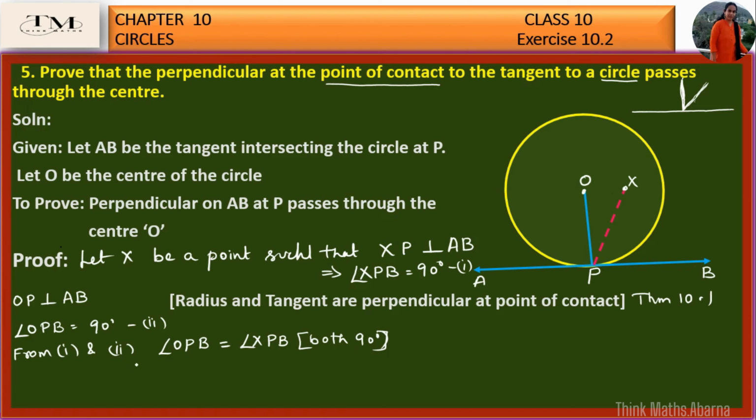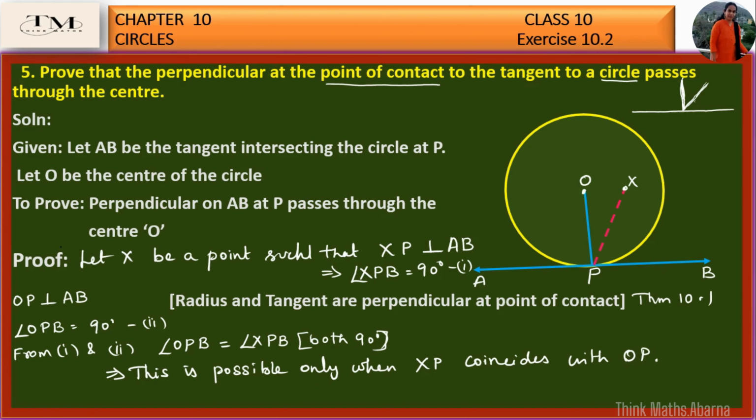Therefore we can write this is possible only when XP coincides with OP. So who is O here? O is the center of the circle. So X coincides with O. That means the perpendicular to AB should pass through the center.